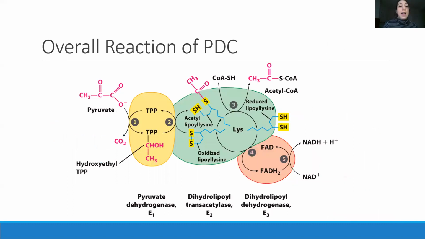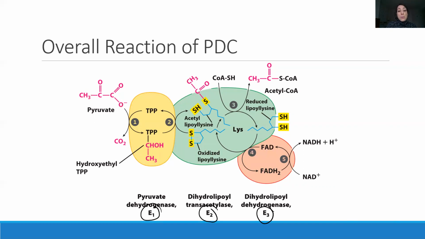Okay, let's look at the overall reaction of the pyruvate dehydrogenase complex. Here's an overview. This is obviously a very simplified cartoon of each of the portions of the whole complex. These are labeled as E1, E2, and E3, and they go in that order. E1 is also called the pyruvate dehydrogenase.